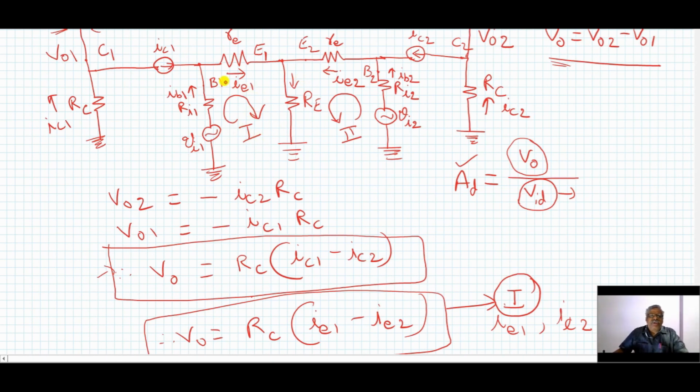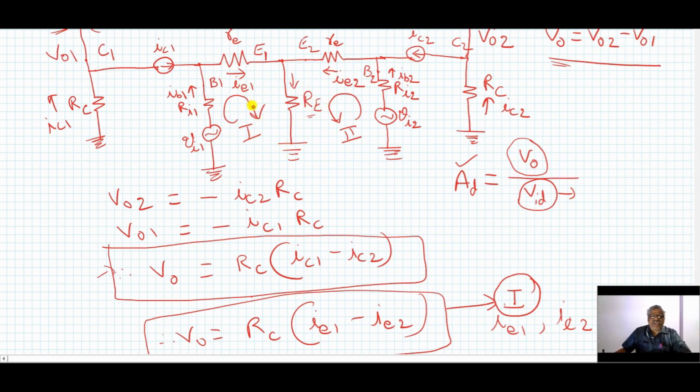So if we write a loop equation for this, from here to here it is gain VI1, drop across RI1 minus IB1 RI1, and drop across this emitter resistor small re, IE1 into re, and drop across this capital RE. Current flowing through this is IE1 plus IE2 into RE is equal to 0.